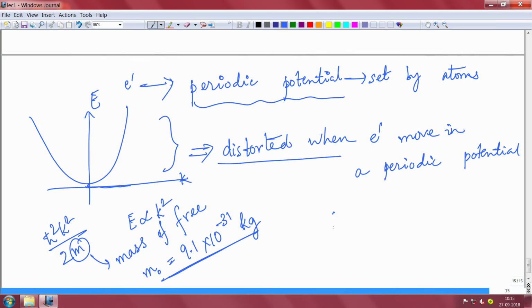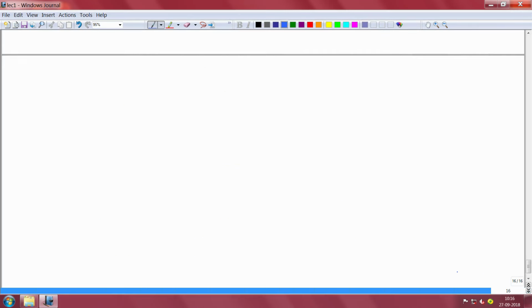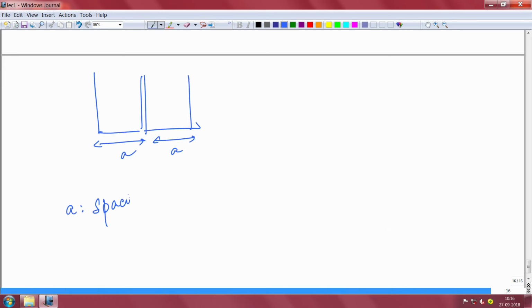If I take a one-dimensional string of atoms, these atoms have their own potential and introduce potential wells like that. This potential profile can be modeled by a very simplistic argument. This is a, again a, the lattice constant. Remember, a is the spacing between adjacent atoms, and it is called the lattice constant.